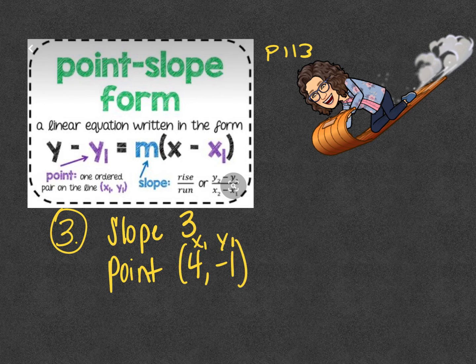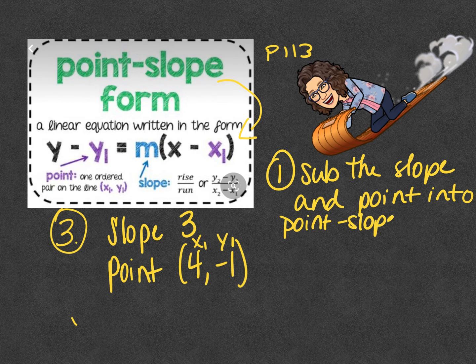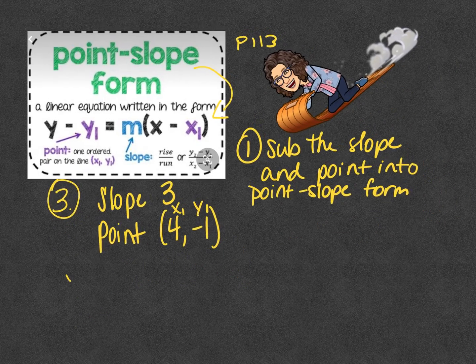So the first thing you're going to do is substitute the slope and the point into point slope form, okay? That's your first step. All right, so I'm going to do that right underneath it so that you can stay with me here.